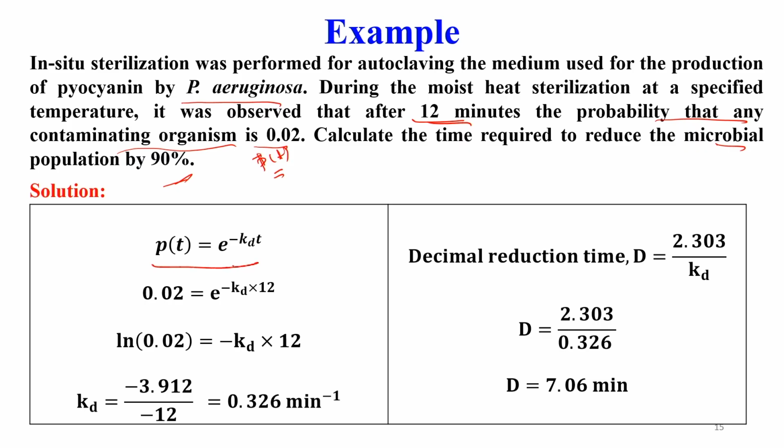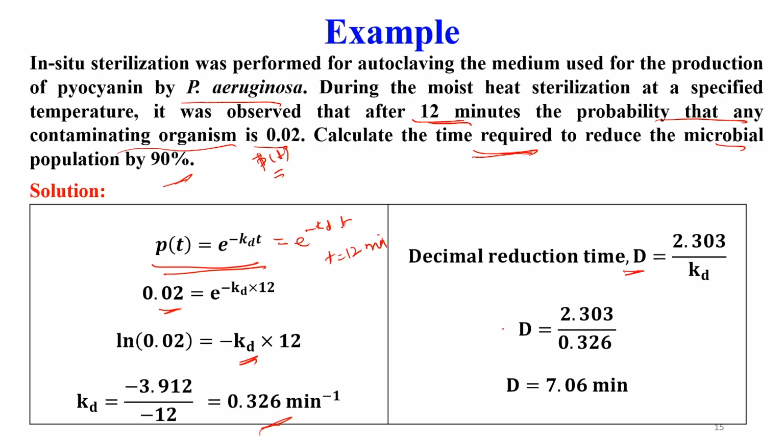So what is given? Small pt is given, small pt is 0.02 equals e to the power minus kd into t, and t was 12 minutes. So we can straightforwardly find the value of kd, which comes out to be 0.326 minute inverse. Now we have to find the Td, decimal reduction time, and the formula is known.